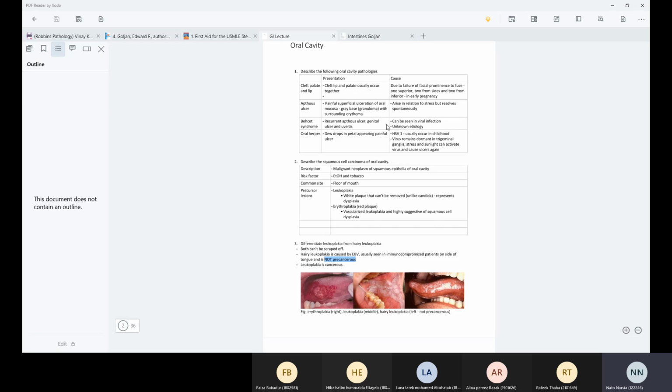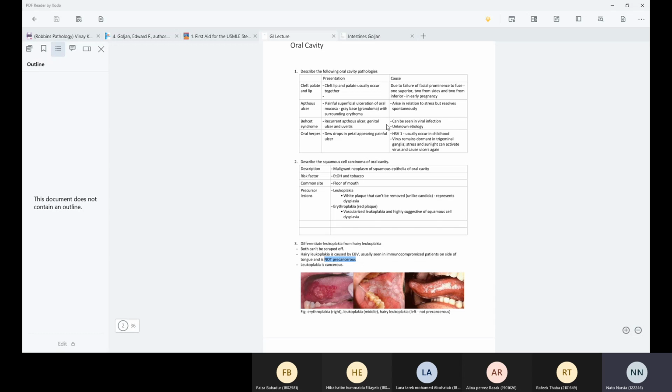Here you have ulceration, but just superficial ulceration. Under the microscope, like in all ulcerations, you should find granulation tissue, surrounded by erythema, so there are blood vessels. That is the aphthous ulcer. Usually it's painful, very, very common.